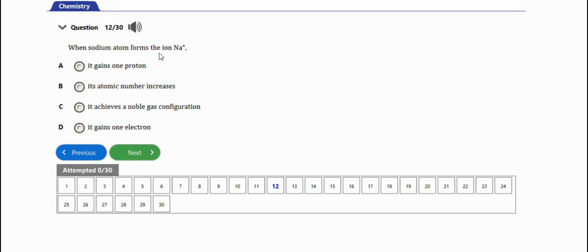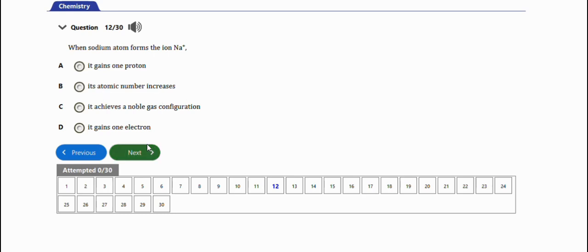So it's going to lose 1 electron. Metals lose electrons and take part in chemical reactions, whereas non-metals gain electrons. So this is a metal, and this plus sign here shows that it's losing 1 electron. To attain stability, which is a noble gas configuration, it will have the same structure as neon, which is a noble gas that has atomic number 10. Option C is the right option.